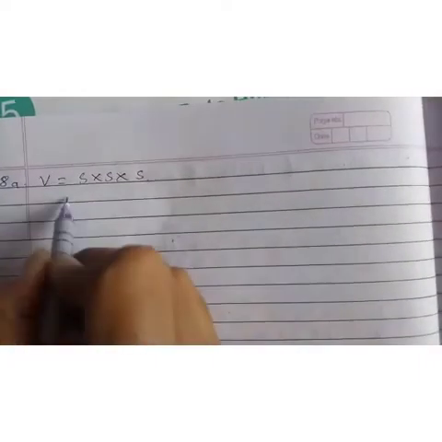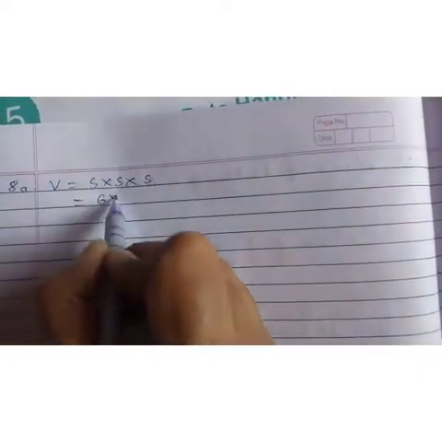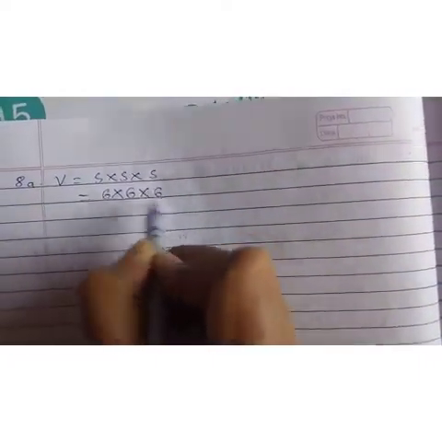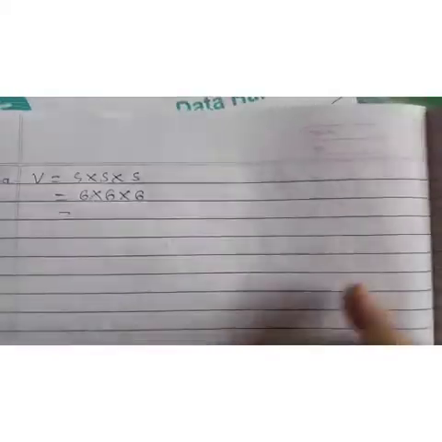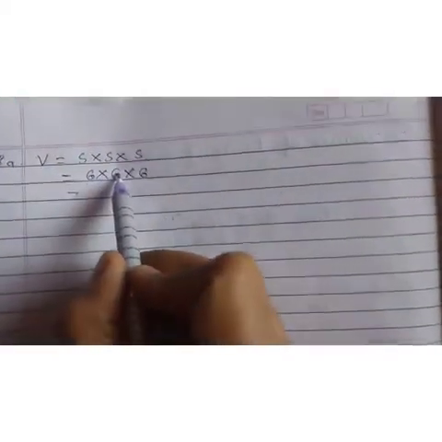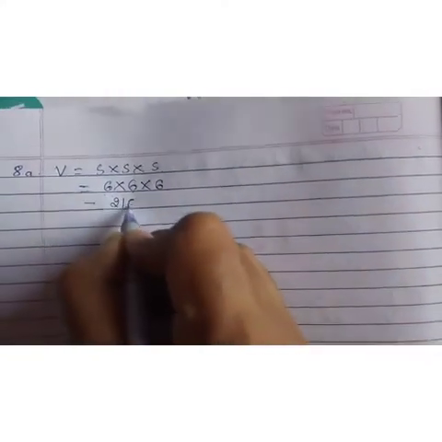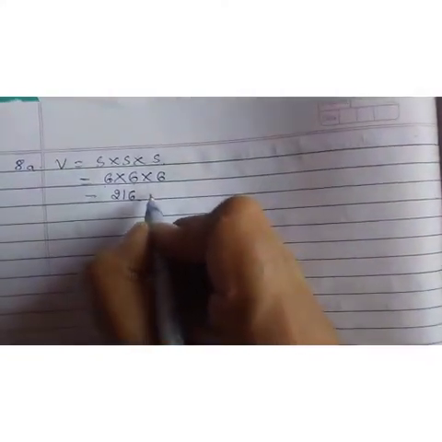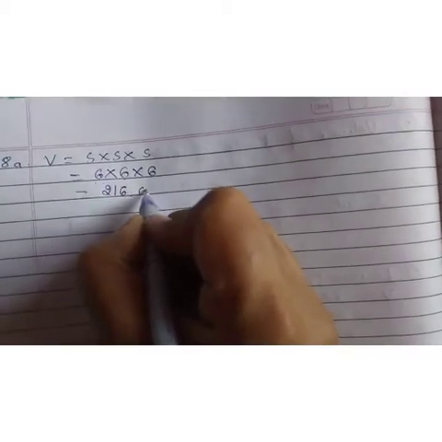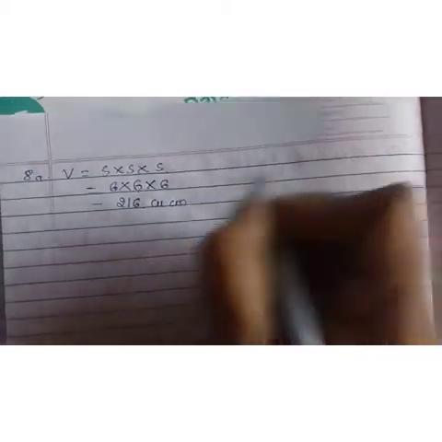You write volume is equal to side into side into side. So that will be 6 into 6 into 6. 6 sixes are 36, 36 sixes are 216, and the unit is cubic centimeter.